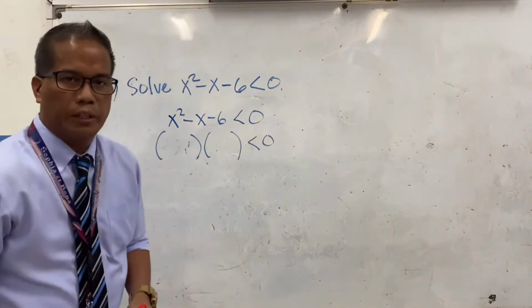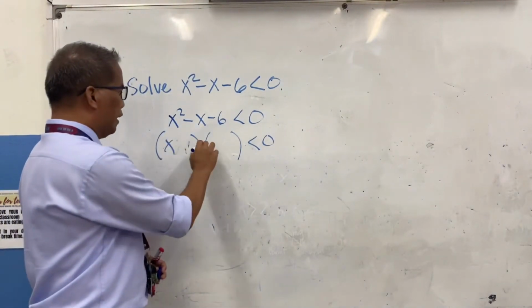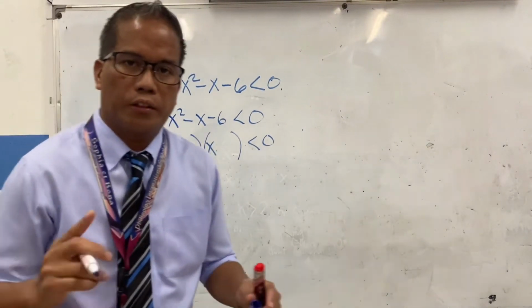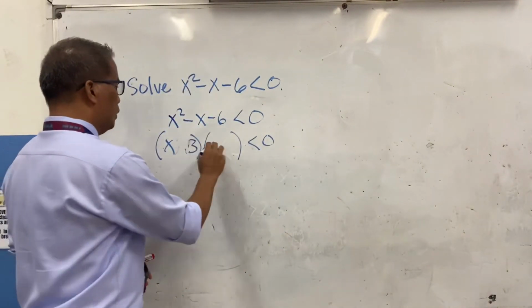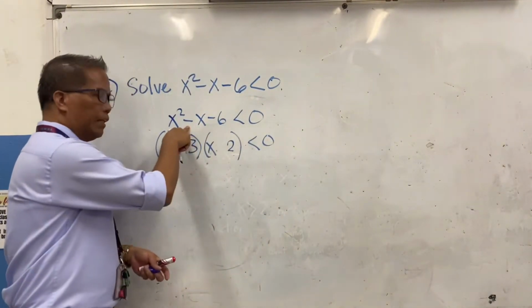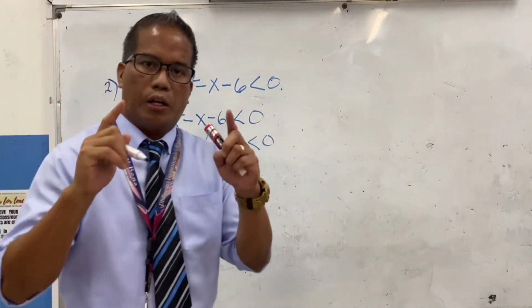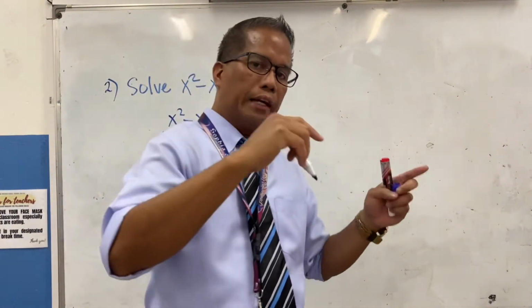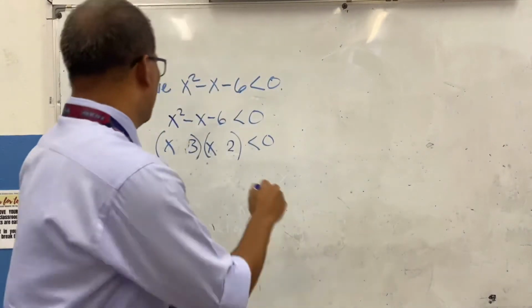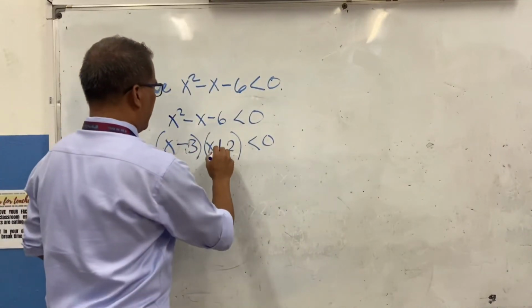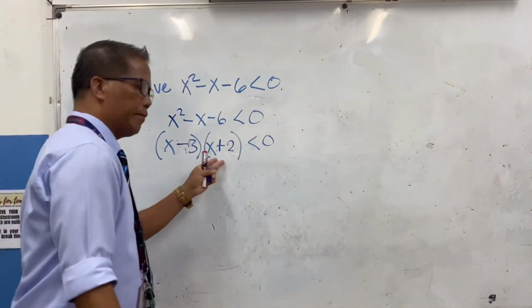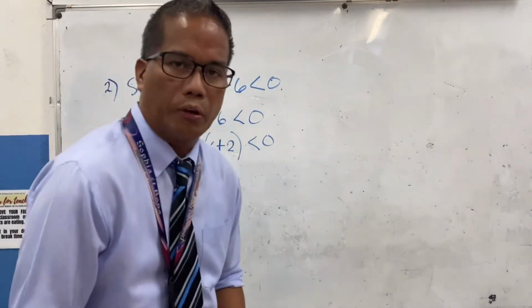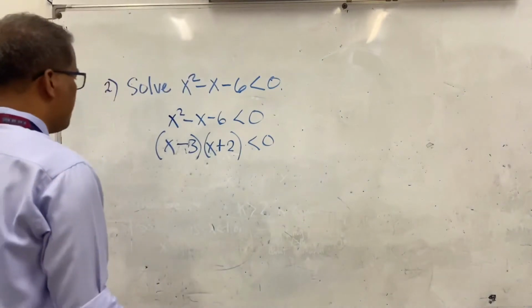Factors of x squared, we have x and x. Then factors of 6, we have 3 and 2. Then the middle term has a negative sign. You are going to assign negative to the bigger factor. So negative here, then here will be positive, so that when you multiply negative 3 times positive 2, the answer will be negative 6.